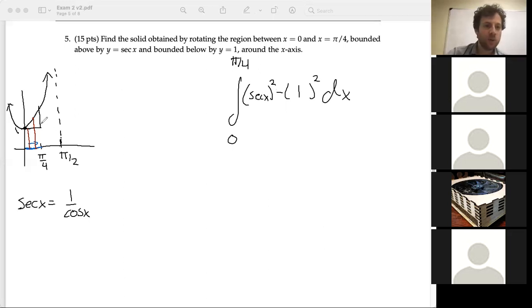So even though the part of the solid is really just this part between 1 and secant, we really do want secant x as our outer radius. The fact that we don't have this middle part is taken care of by what we're subtracting here. We want the outer radius, which is all the way from the x-axis to the graph of secant, and so that's what secant x is, that distance from the x-axis to the graph.